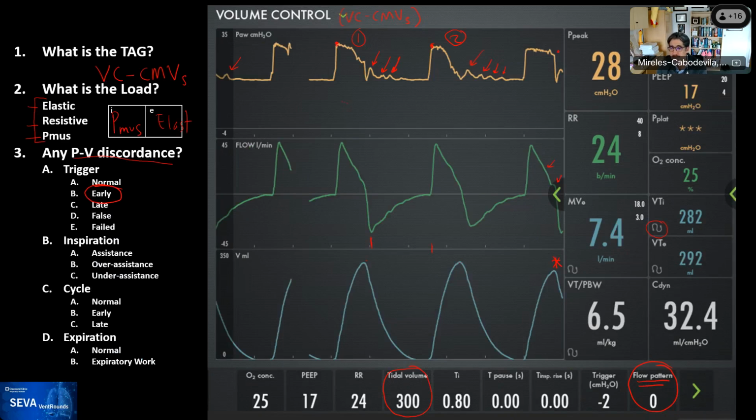Anybody else? Cardiac? Is that where we're staying? All right. It seems that everybody supports cardiac.